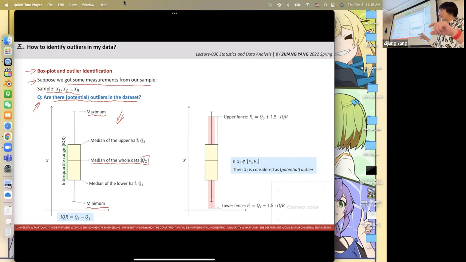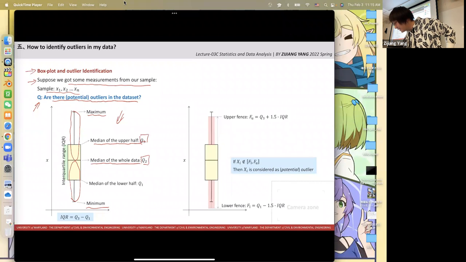We just reorder it and find the middle one. Then we split the data into 2 parts using the median. We calculate the median of the upper half, noted as Q3, and the median of the lower half, noted as Q1. So basically, we do not do much calculation. We just need to reorder the data and then find the maximum, minimum, Q1, Q2, and Q3.